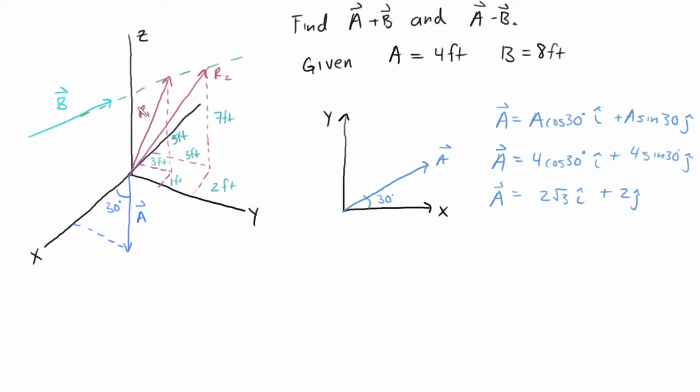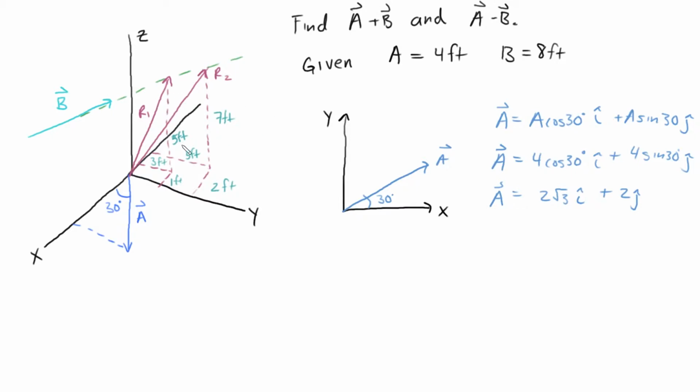And now, since the b vector lies on this green dashed line, and it's somewhere in 3D space, we have to use unit vectors to define the vector b. All we're given is that the magnitude of b is 8 feet. So if we want to add them together, we got to find the components of that vector.